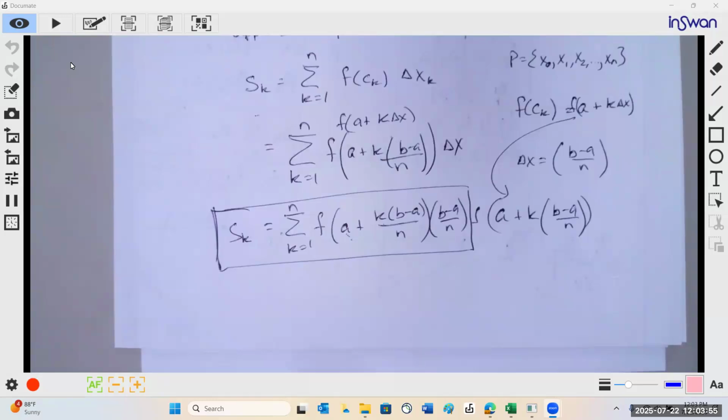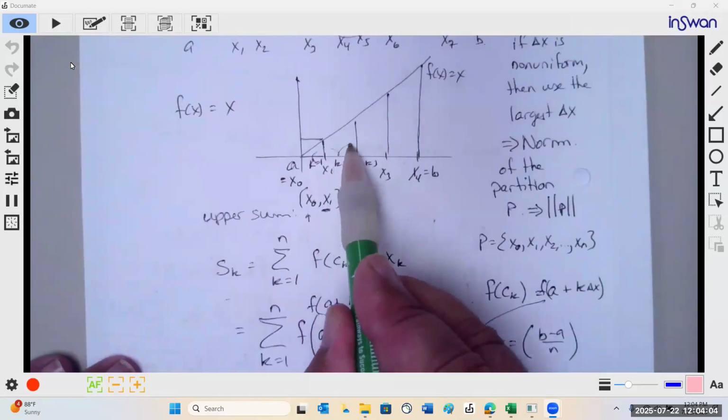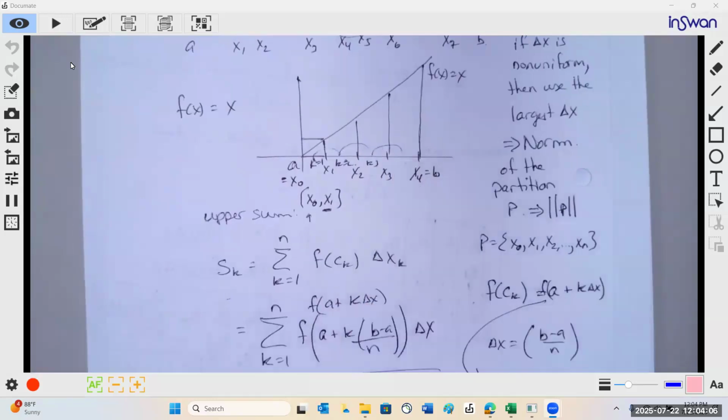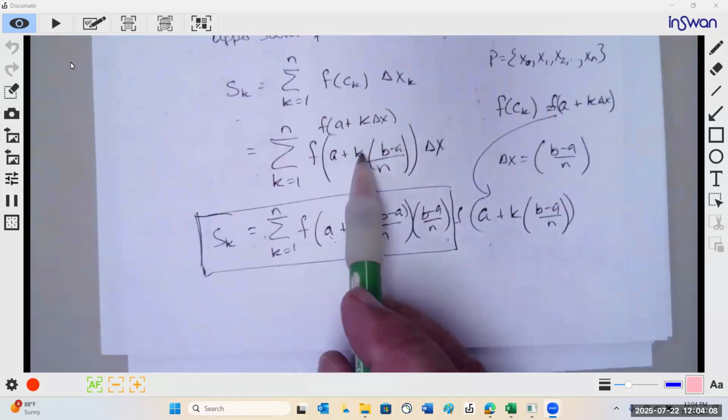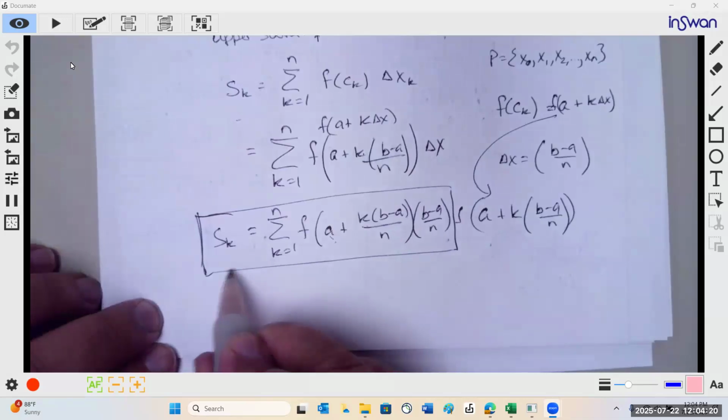And what that's going to do is give us a number in this first interval, and then we go to the next one, and the next one, and the next one, depending on what k is. Again, what is this formula called?